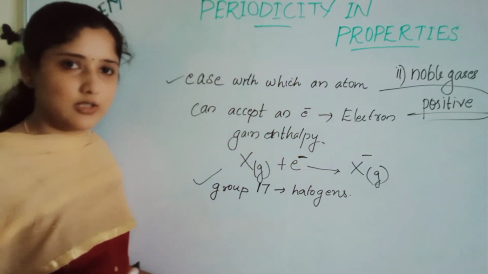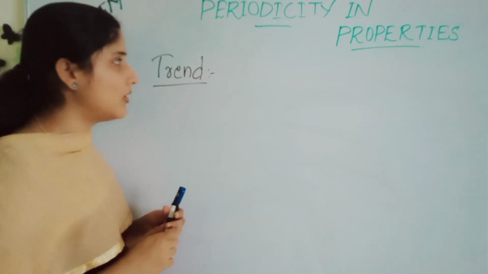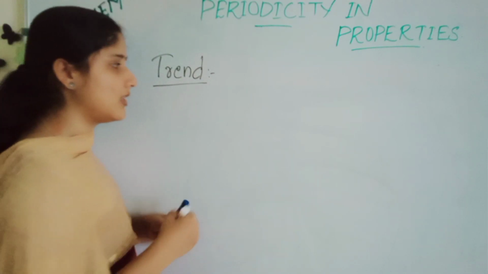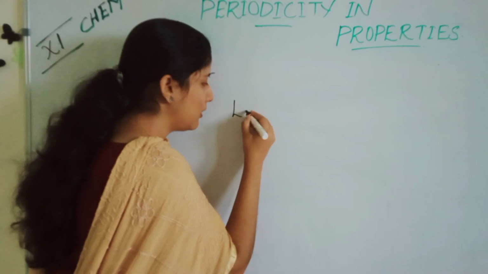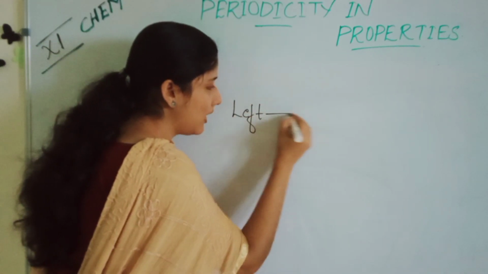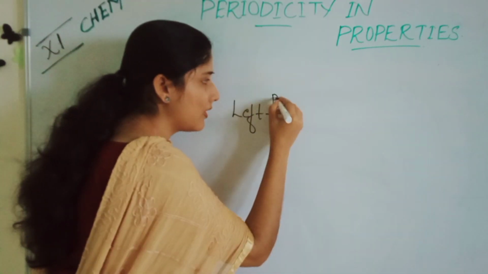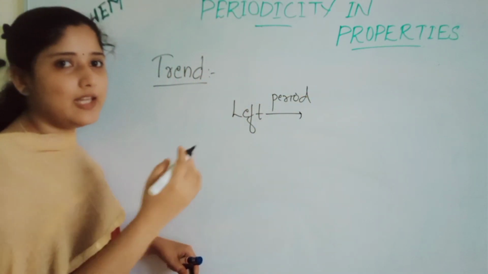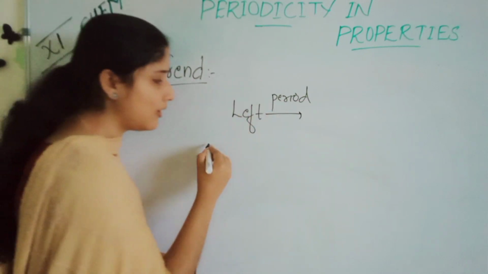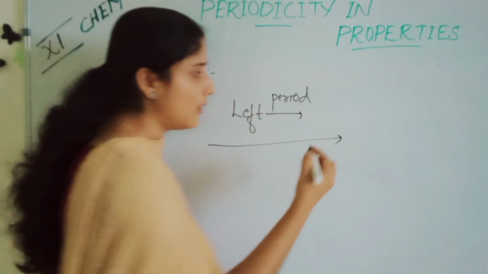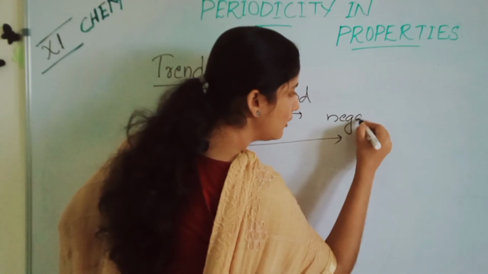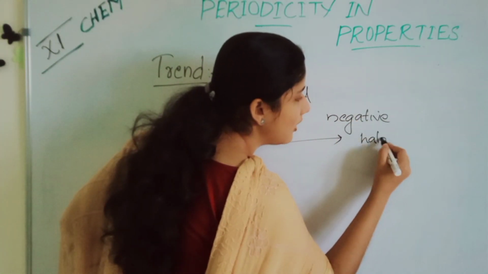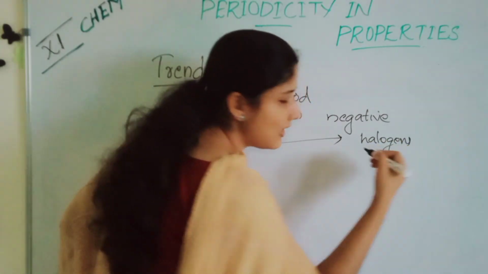Now let us study the trends of electron gain enthalpy in the periodic table. What is the trend? When we move from left to right in a period, the electron gain enthalpy becomes more and more negative, up to the halogens.